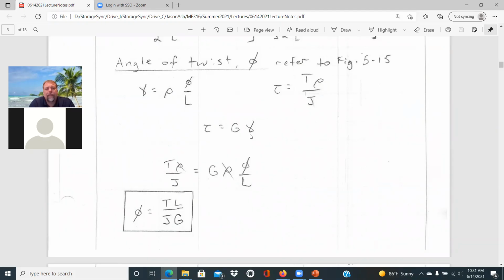And so if we make those substitutions in, our shear stress is T times the radial position over J, and that's then equal to our shear modulus times our shear strain. And that's going to be rho times our angle of twist divided by L.